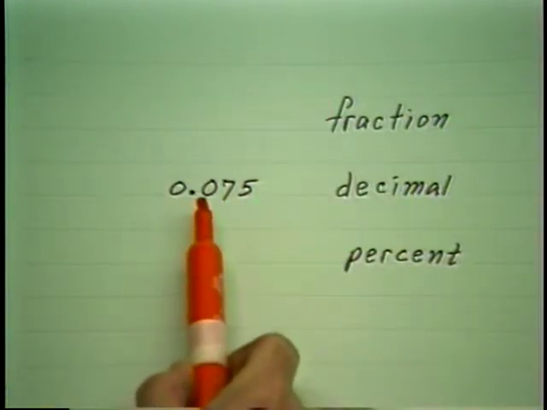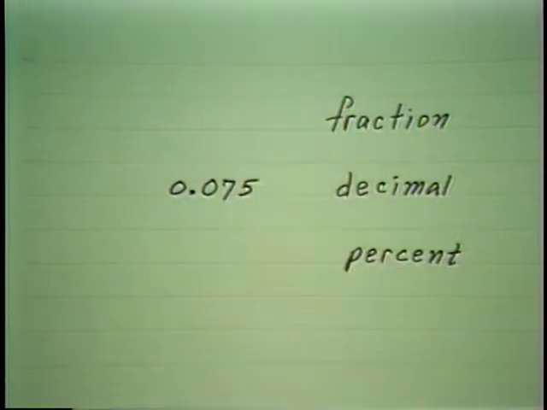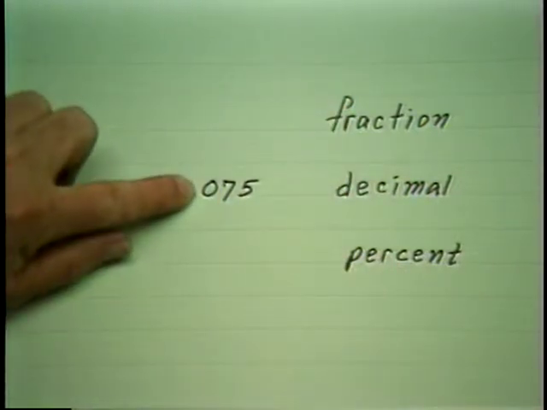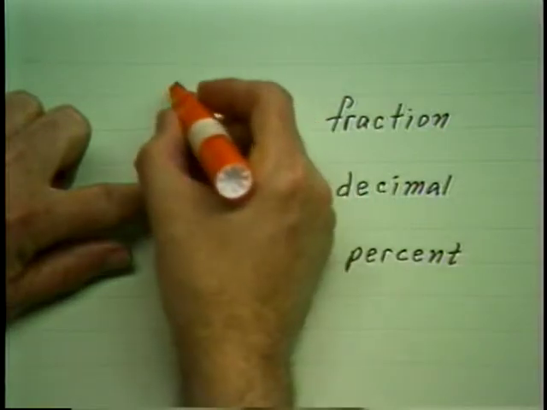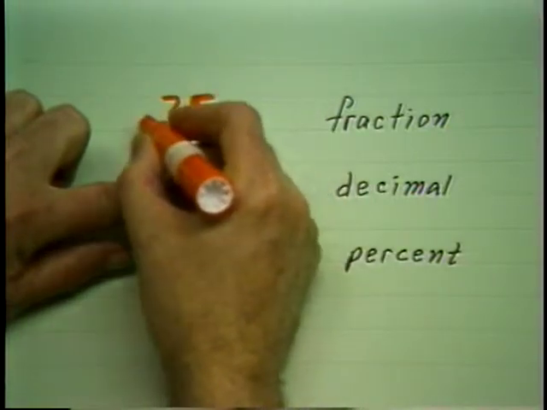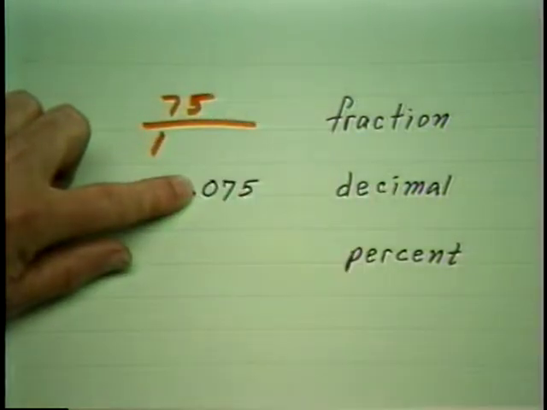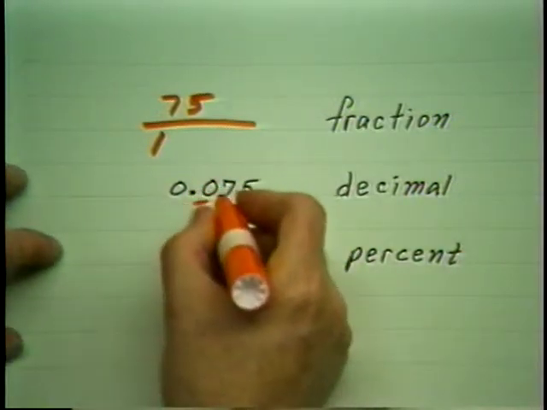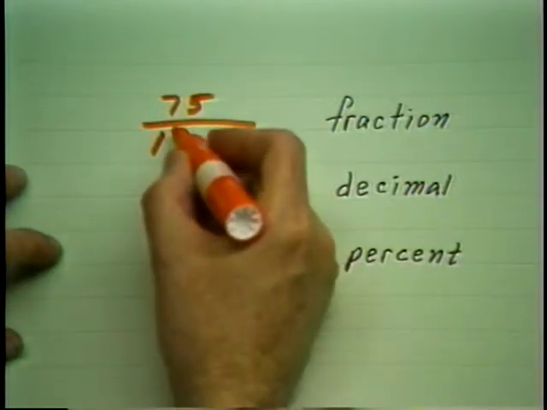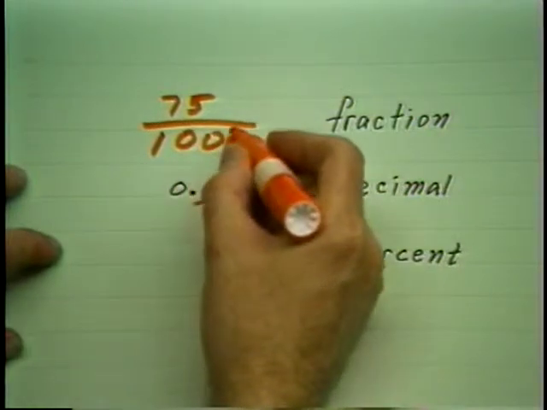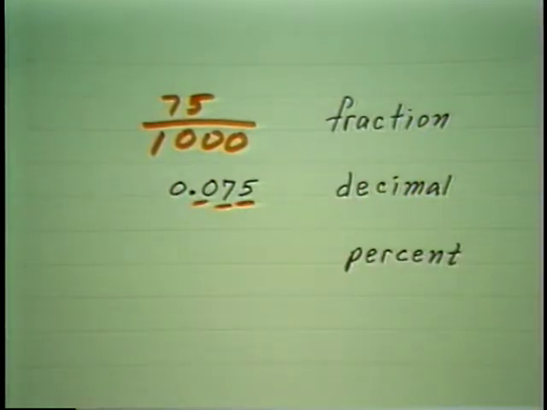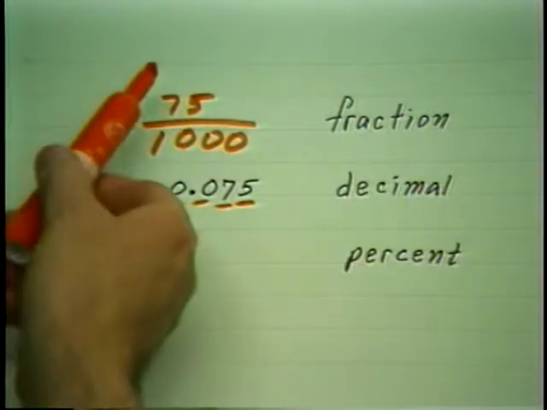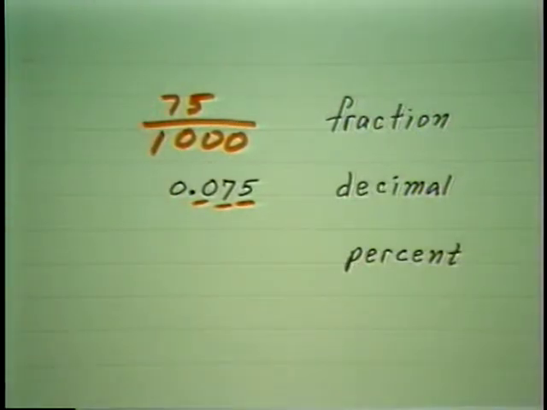Recall that if I'm changing a decimal to a fraction, we simply pretended like the decimal point wasn't there, write the number over 1, then for each decimal place we put on a 0 and then reduce. And if we reduce that fraction by dividing top and bottom by 25, we would get the fraction 3/40.